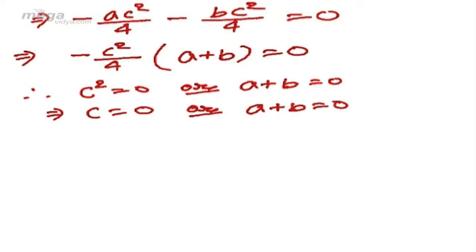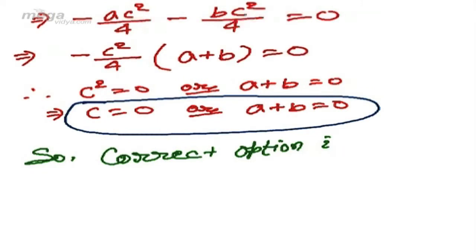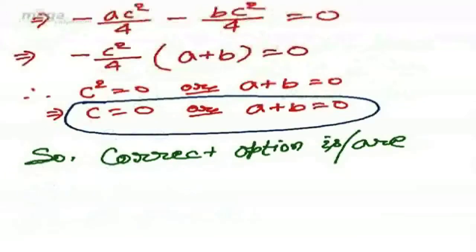So this is the answer. The correct options are c = 0, which is the first, and a + b = 0, which is the second. We write both as correct answers, so the correct options are option number first and option number 2.